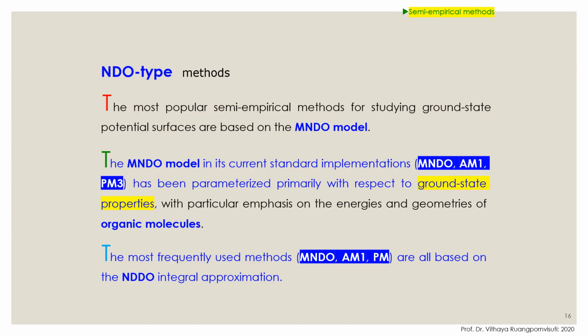The MNDO model in its current standard implementations, as in the methods MNDO, AM1 and PM3, has been parameterized primarily with respect to ground state properties, with particular emphasis on the energies and geometry of organic molecules.